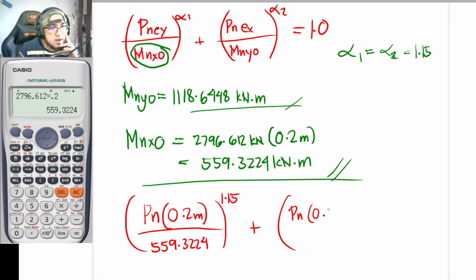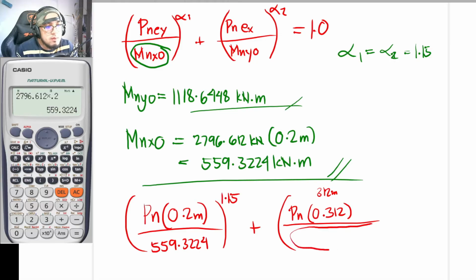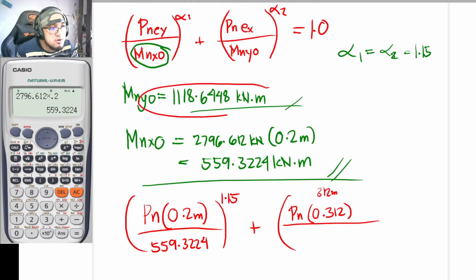So converting it into meters, that is 0.312. Again, you can use 312 mm here as long as the moment you put here is in terms of Newton millimeter. But since it is in kilonewton meter here, we use meters. So, unit consistency.